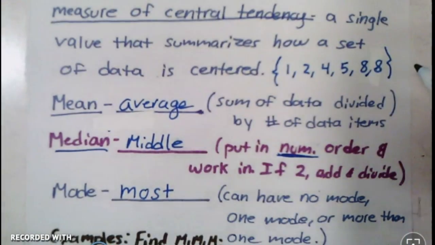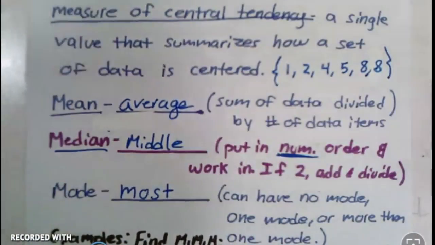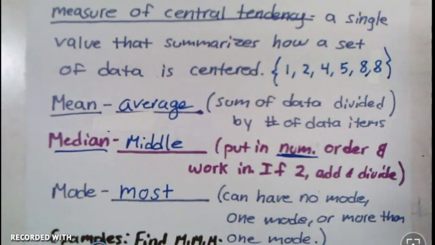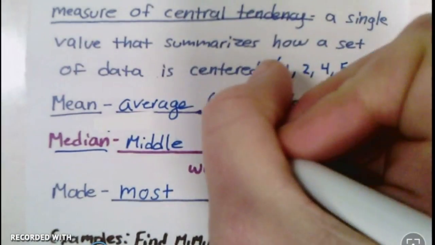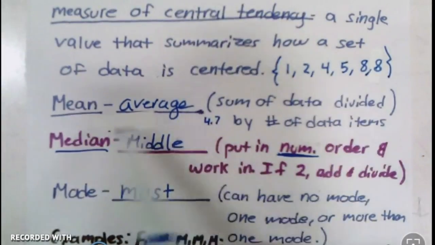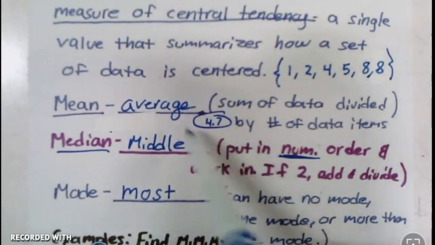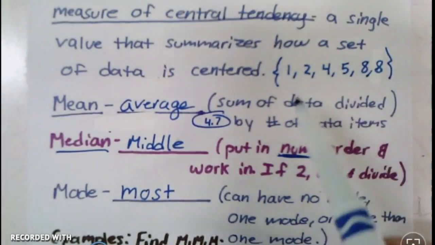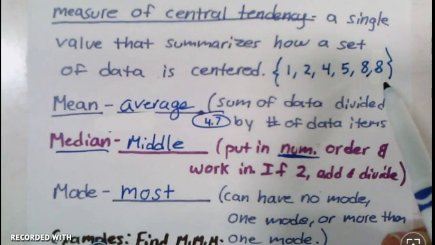And 28 divided by 6 gives us 4.66666 repeating. If I were to round that, it would be 4.7. So the mean is 4.7. I added them all up and then I divided by the amount of numbers that there was.